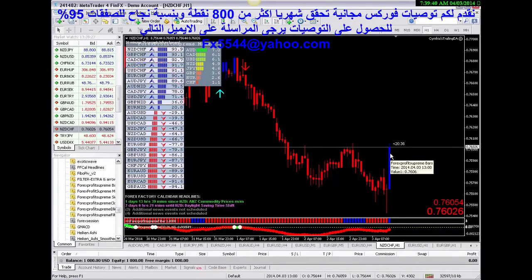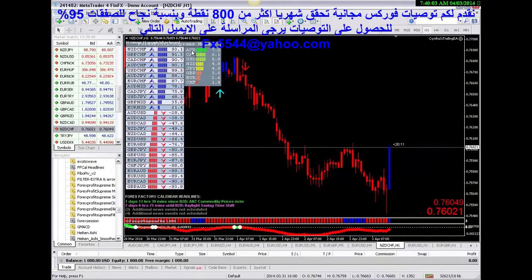So you can see this long candle. Here the Forex calendar headlines give you the upcoming news events. For some reason this pair has moved. It might have had some news in the last hour, but it doesn't show up here anymore.